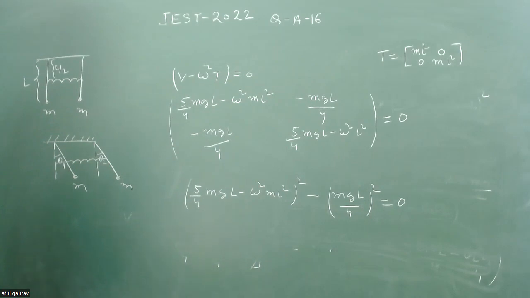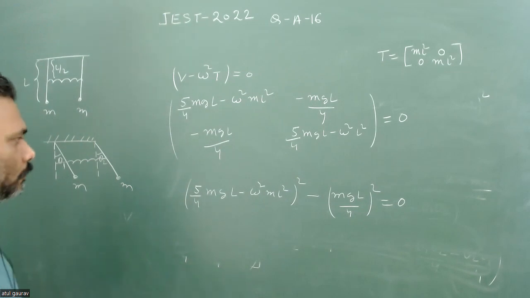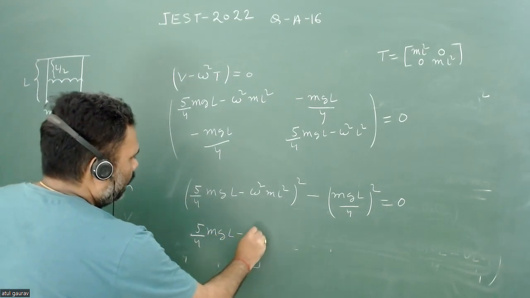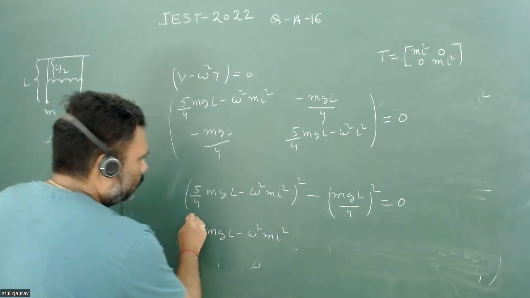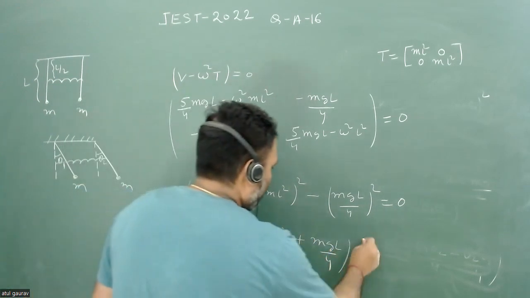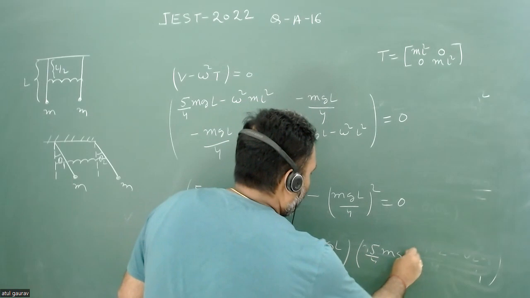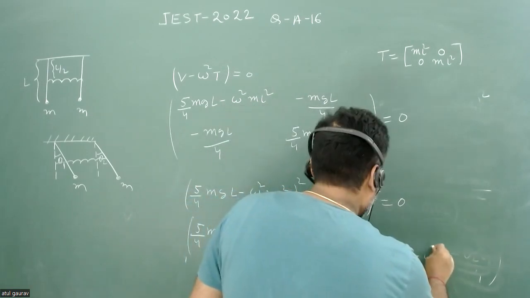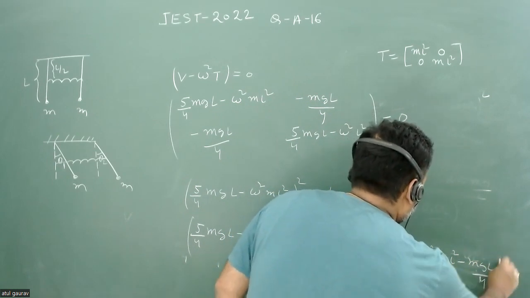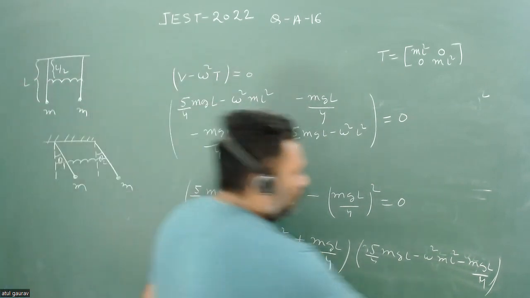From here we have a square minus b square, so we will use (a minus b) into (a plus b). So we have 5 by 4 mgl minus omega square ml square plus mgl by 4, and again 5 by 4 mgl minus omega square ml square minus mgl by 4, and this must be equal to 0.